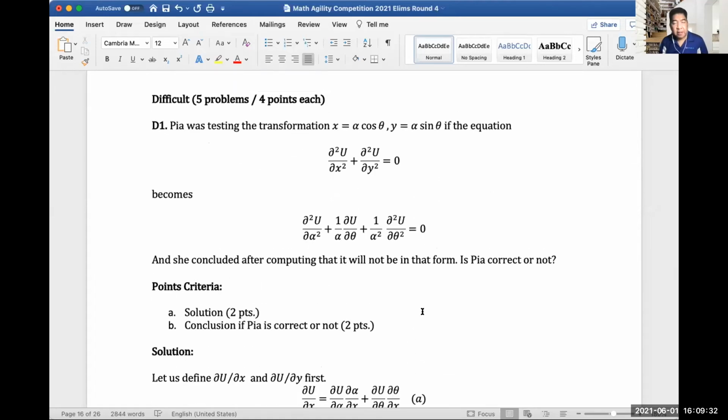So let's read. Pia was testing the transformation x equals alpha cosine theta and y equals alpha sine theta.